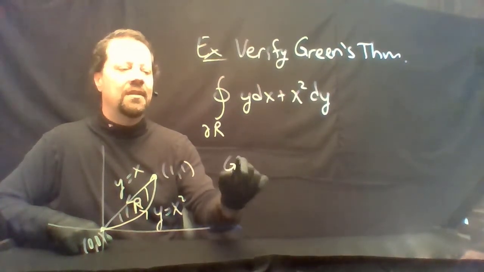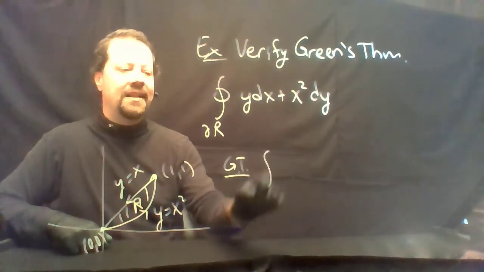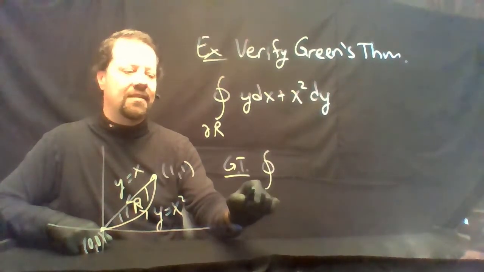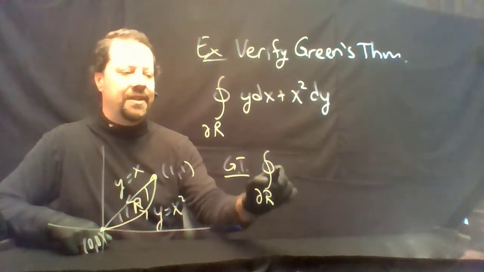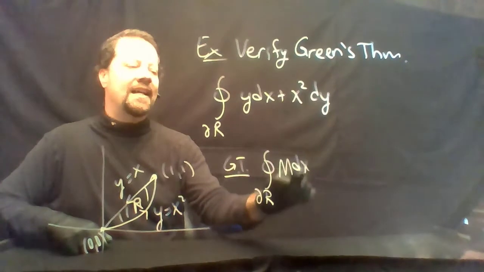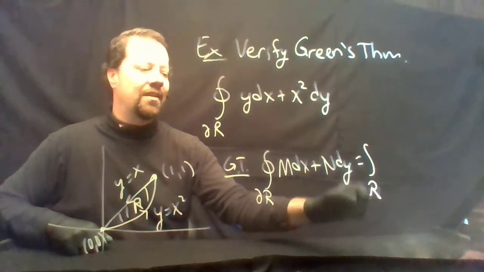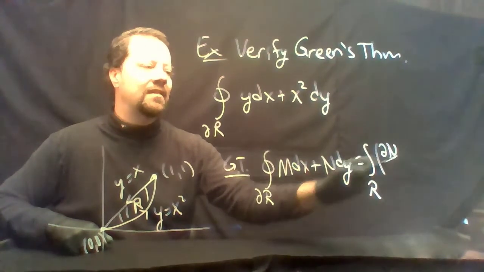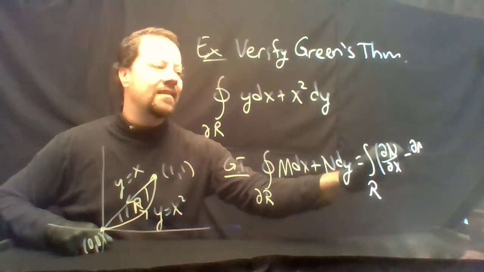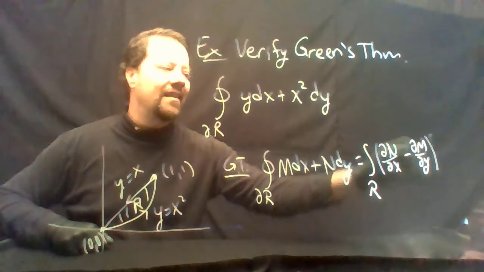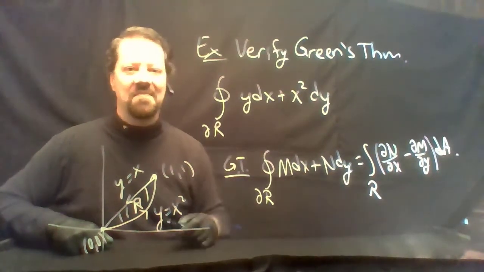So Green's theorem is stated in terms of a formula as the integral around the boundary of region R, M dx plus N dy, is the integral on R of dN dx minus dM dy dA.